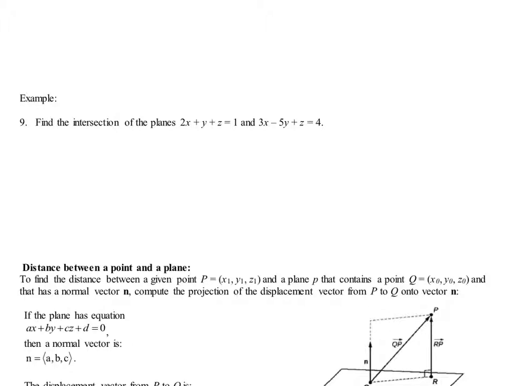We can, if we want, solve by eliminating a variable. It looks like z would be a nice variable to eliminate here. If you subtract the two equations from each other, z goes away. So z would be your independent parameter, and from there you can figure out everything else. But let's not do it that way.